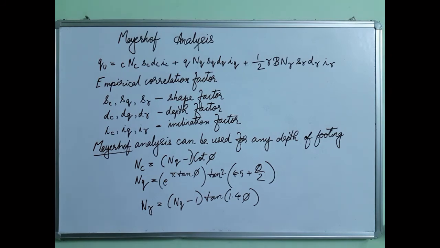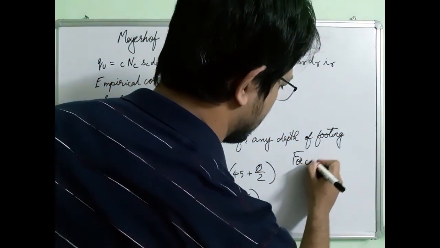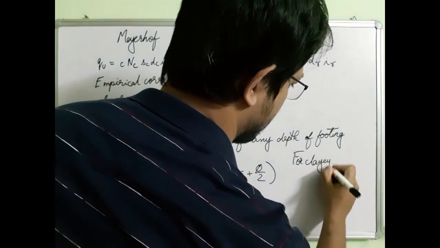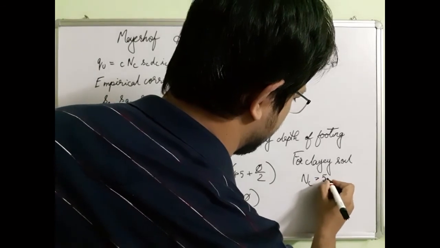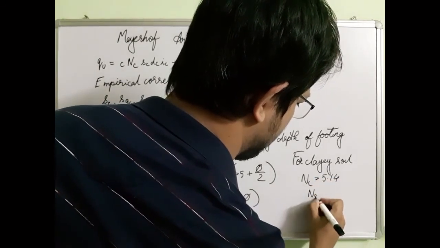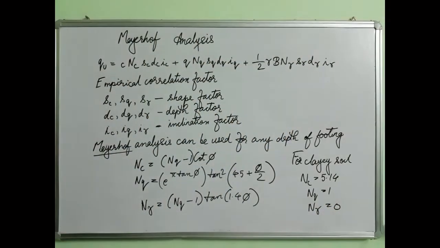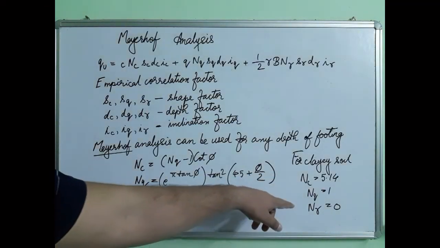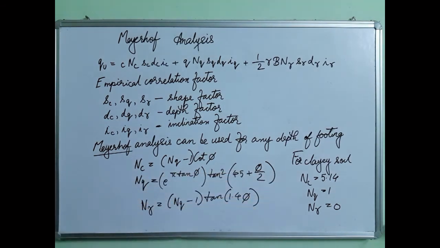Okay, now for clay soil, these are the values which we get for Meyerhof. For Terzaghi, it was 5.7, and for Meyerhof, it becomes 5.14. So you have to be very clear.